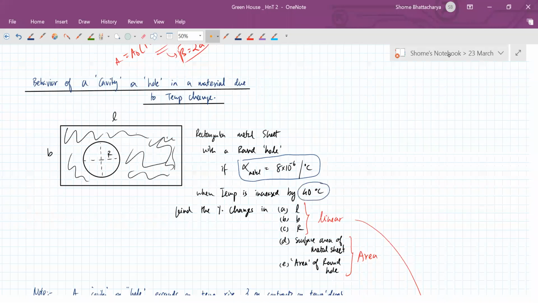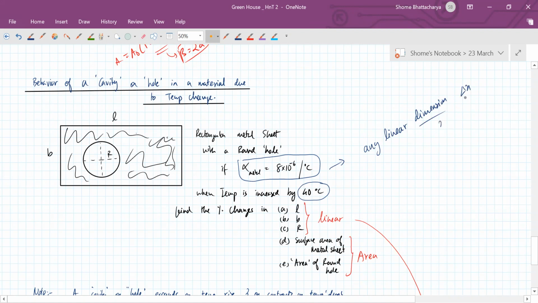So any linear dimension will have a fractional change. Let's say any linear dimension x will have a fractional change of alpha delta T. Here x could be the length, the width, or the radius of the disk that we have cut out. All of these are linear dimensions. Understood?